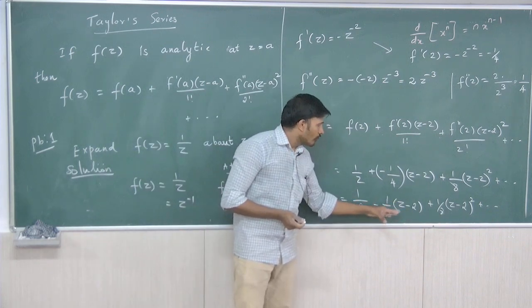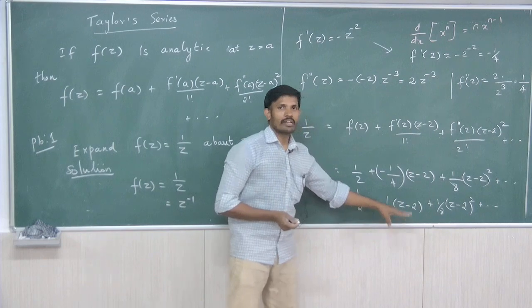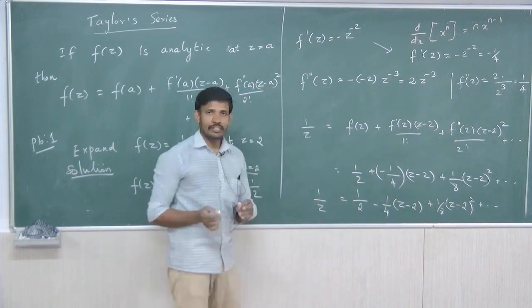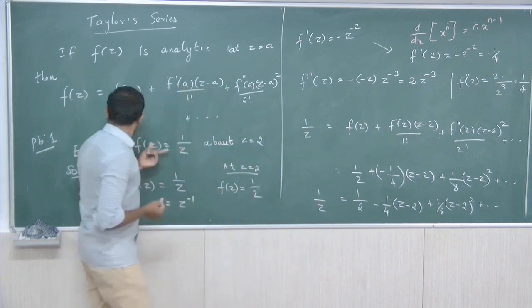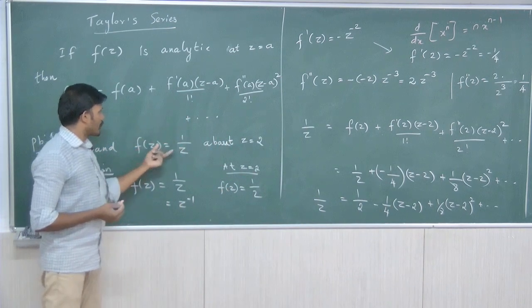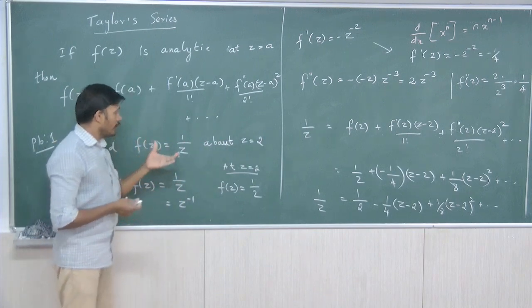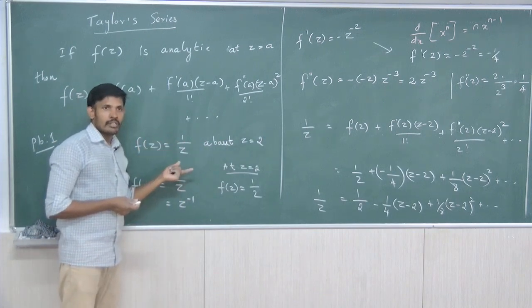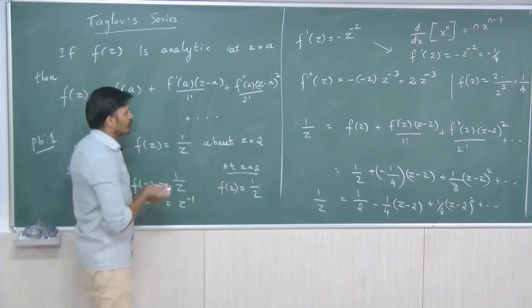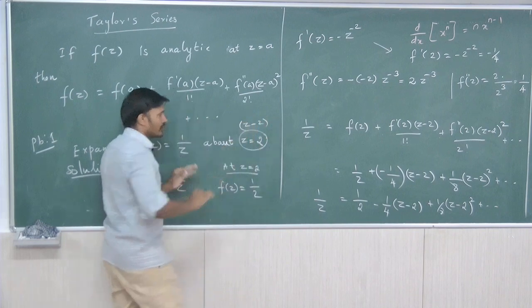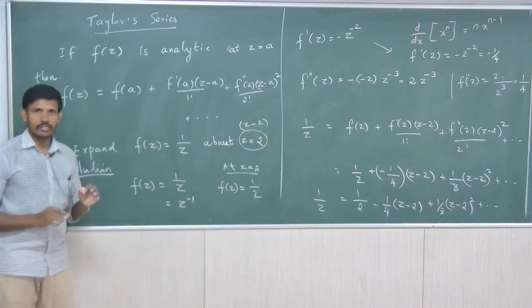Suppose if you expand further, you get the original term 1 by z, right? They are asking for the expansion of this function about z equal to 2, that means you have to write this function in powers of, in terms of z minus 2. This is the meaning.